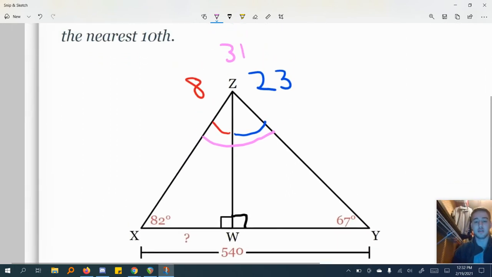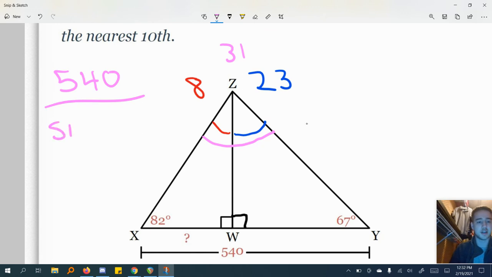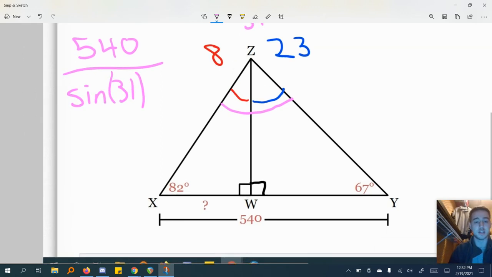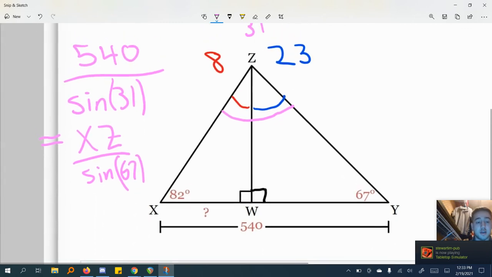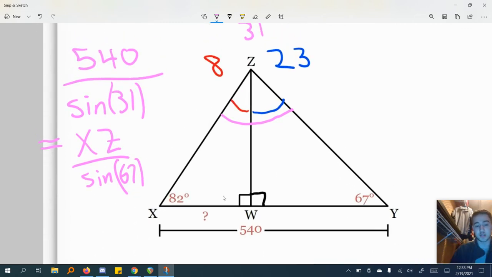And so we know that 540 over sine 31 is equal to xz over sine 67. So now let's just go ahead and solve by moving the sine over.